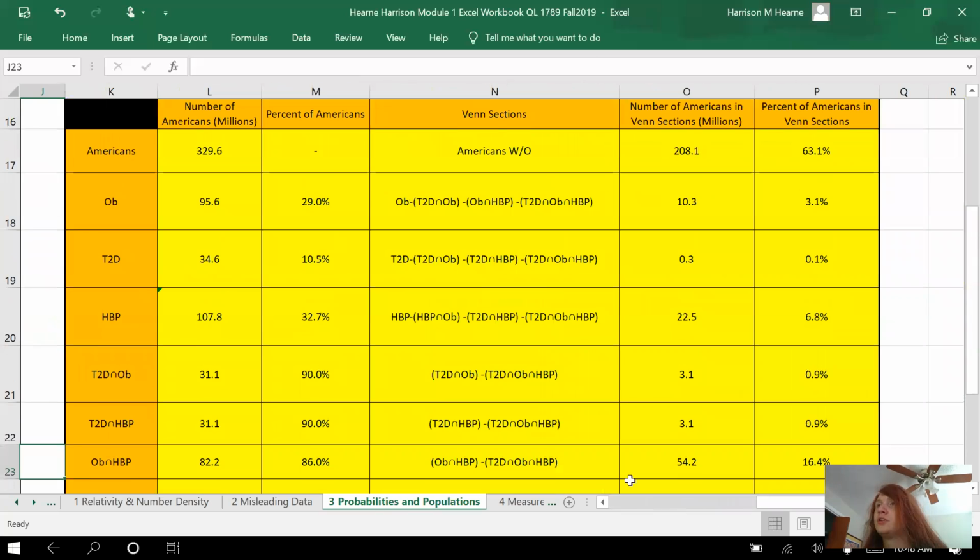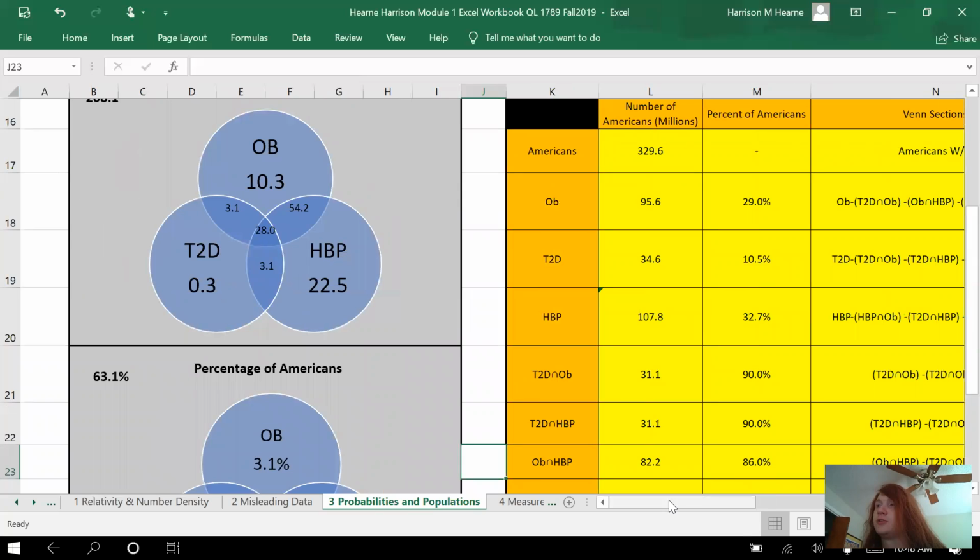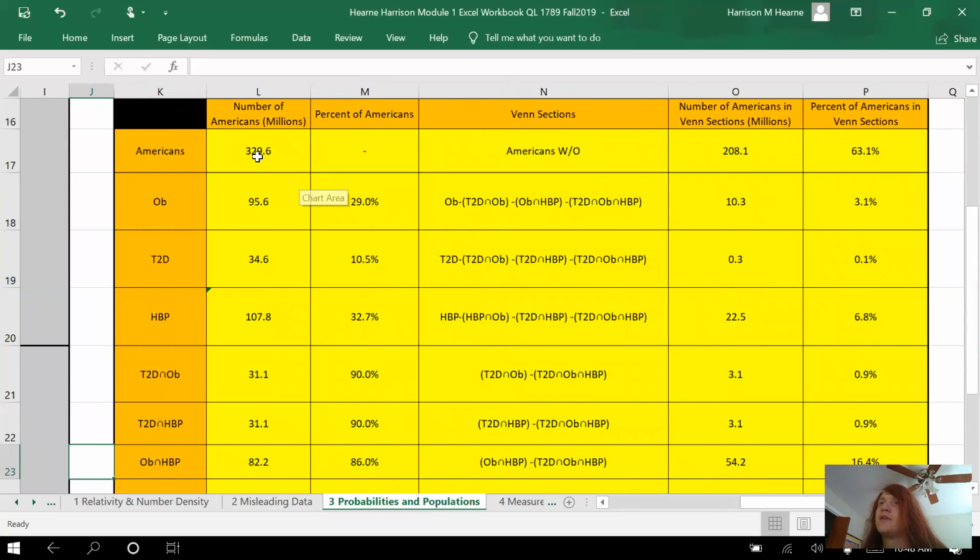So if we go up here, this whole chart is what was used to create these Venn diagrams on the left here. We have over here the raw numbers. So we have 329.6 million Americans total. 95.6 million of them had obesity. 34.6 million of them had type 2 diabetes. 107.8 million of them had high blood pressure.